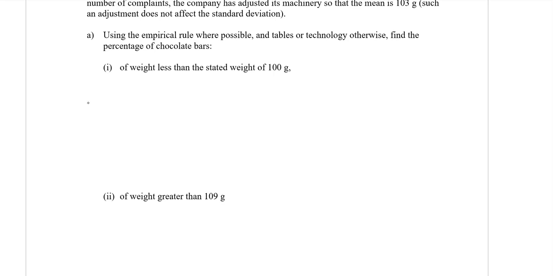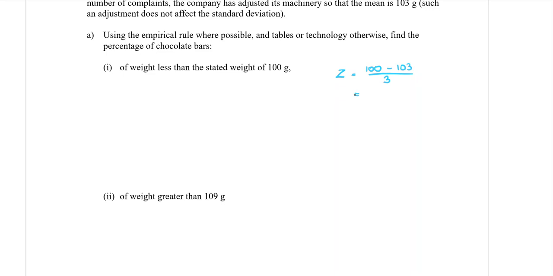Okay, so if I were to take my 100 grams and put it in my Z-score formula, I have 100 as my value. I'm going to subtract off the mean, which is 103, and we're putting that over our standard deviation, which is, in the question, 3.